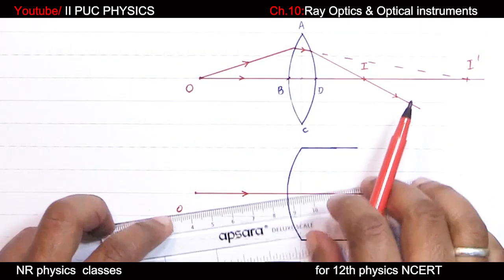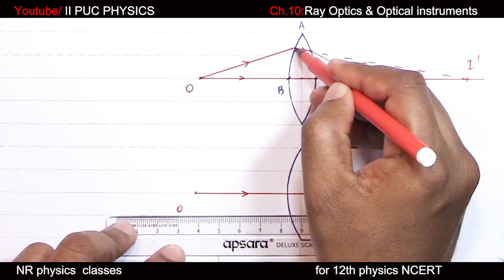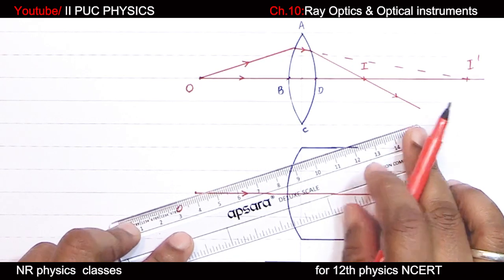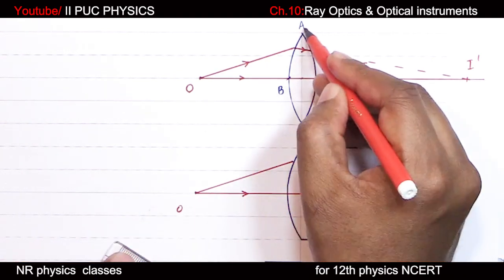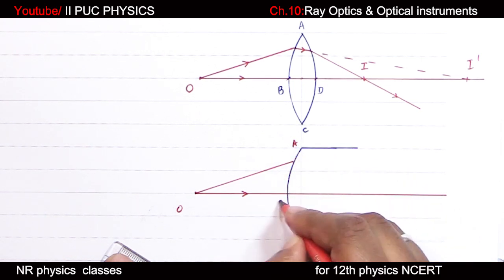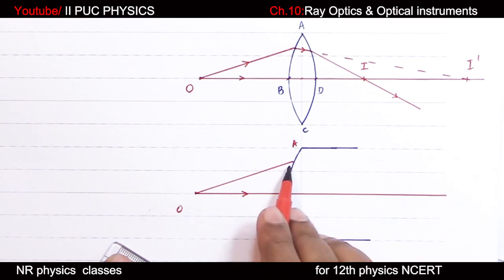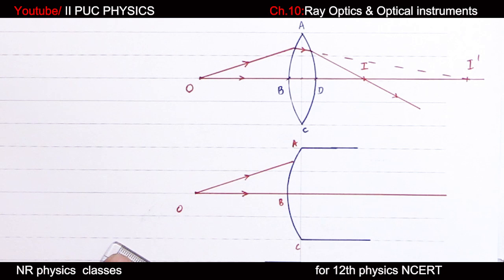Second ray. Keep this distance the same in the second diagram. So this is the second ray. Because of ABC, the spherical surface, this ray bends, and before bending we should draw the normal, isn't it?